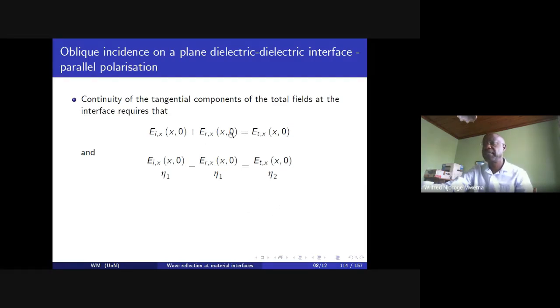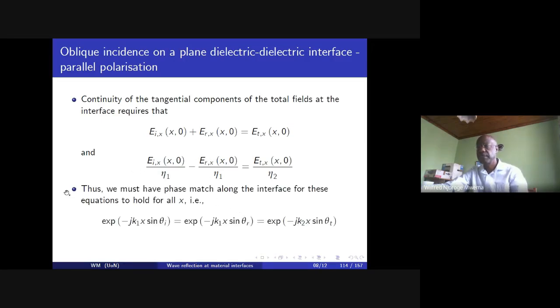Now we are going to insert the values themselves. But I think there are some few things missing, but we'll get those when we give the expressions for ER, IX, and EIX as follows. So when we do this, we do a phase match along the interface, and for this to hold for all x, we expect that the exponent of minus jk1x sine theta I will be equal to the exponent of minus jk1x sine theta r, and is equal to the exponent of minus jk2x sine theta t.